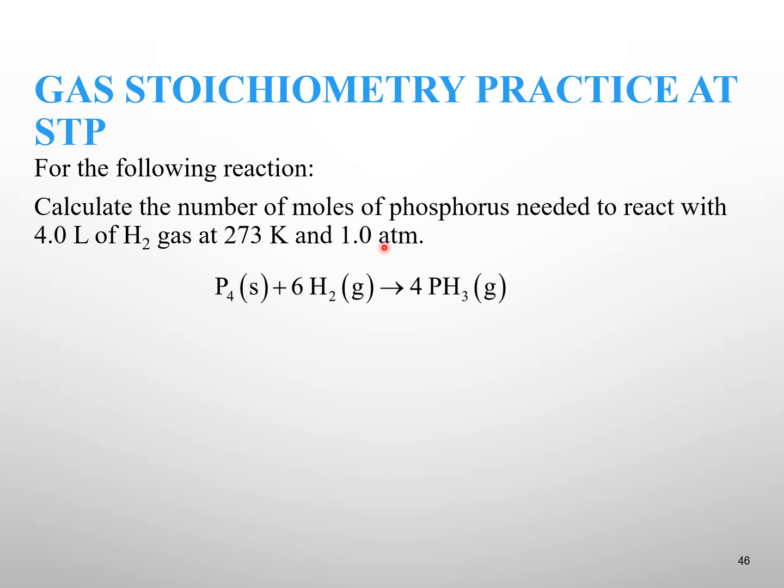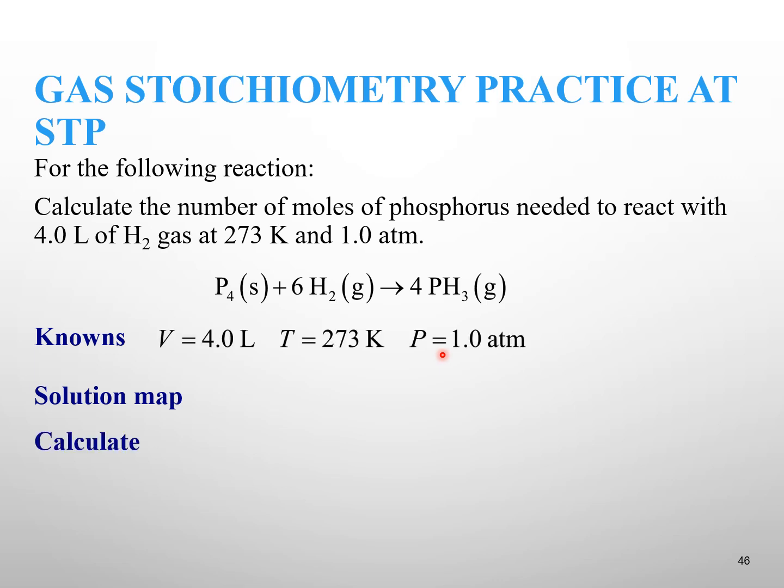We want to know moles of phosphorus here. So take a look at moles of phosphorus to moles of hydrogen. It's 1 to 6. So the ratio is 1 mole of phosphorus to 6 moles of hydrogen. And you also know that 4 liters of hydrogen gas, you can convert to moles of hydrogen gas using the molar volume, where 1 mole is 22.4 liters.